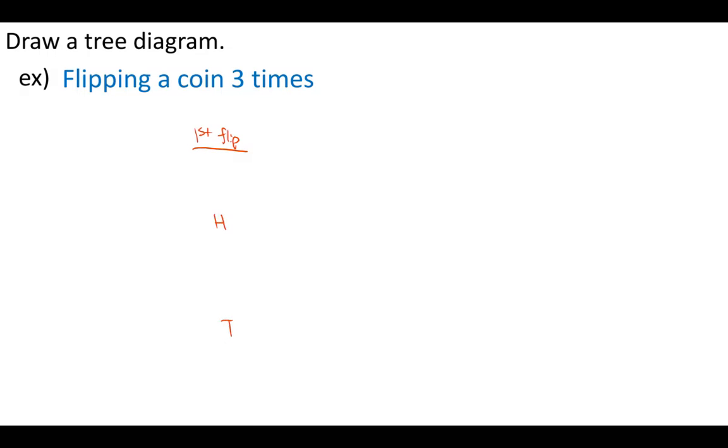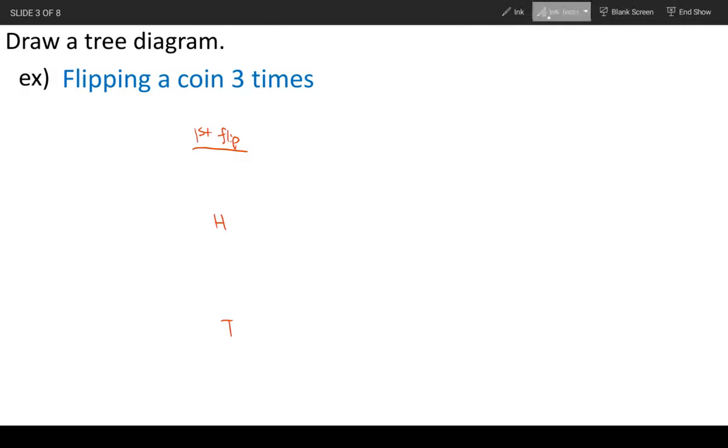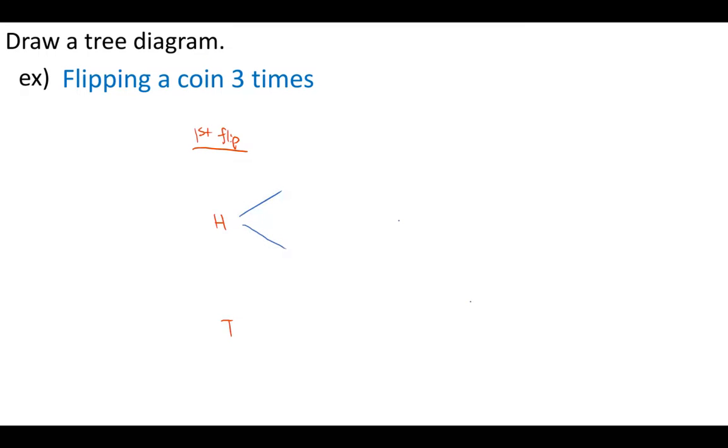We're going to leave a good amount of space there. Then you've got your second flip, which could be a heads or a tails as well. So from this heads, you could either get another heads or a tails, right? And from this tails, you could either get another heads or a tails. That's your second flip.